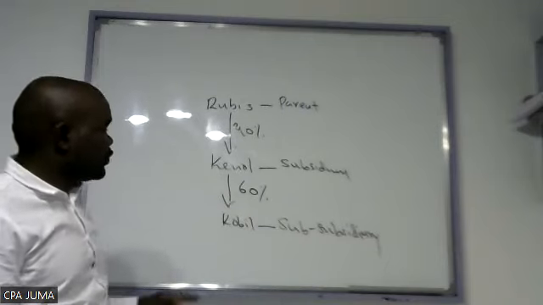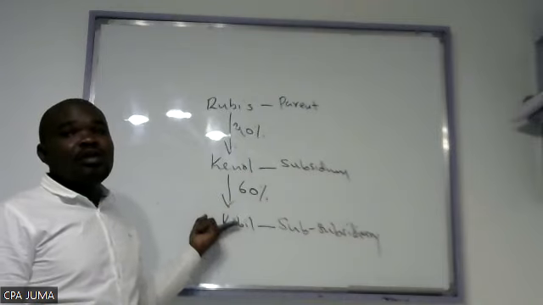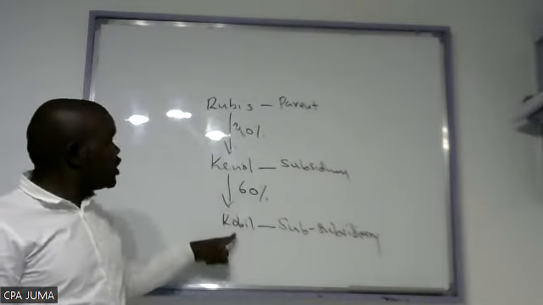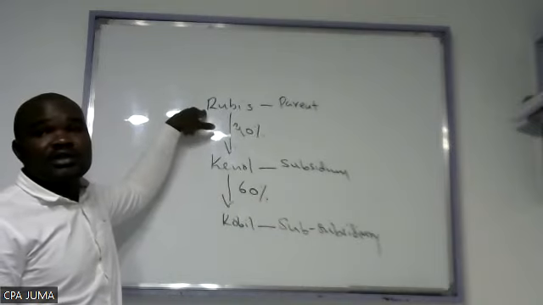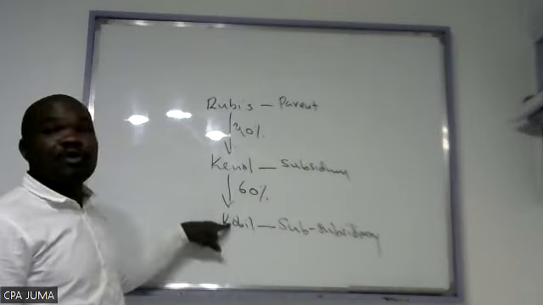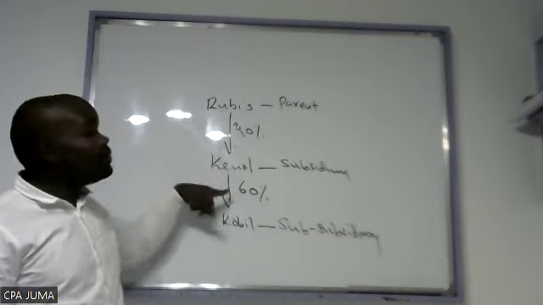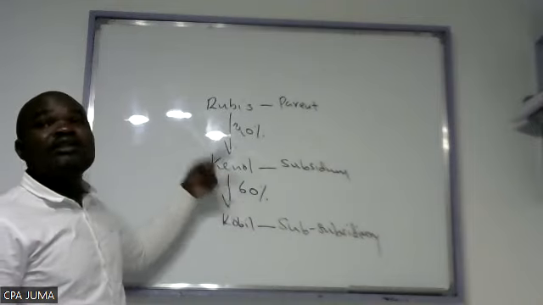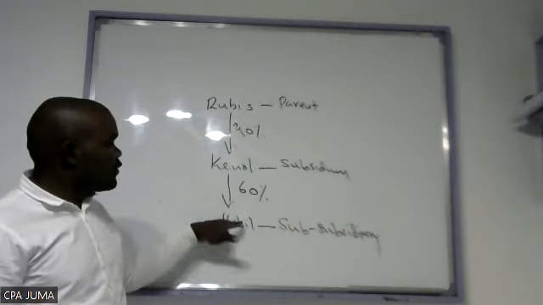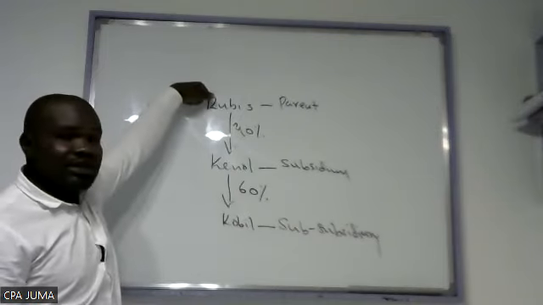And also, the books of Kobil will no longer be consolidated by Kenol. They will be consolidated by Rubis. Remember the parent of Kobil is Kenol, but Kenol has now been acquired. So once your parent has been acquired, they cease consolidating your books. The books of Kobil will now be consolidated by Rubis.